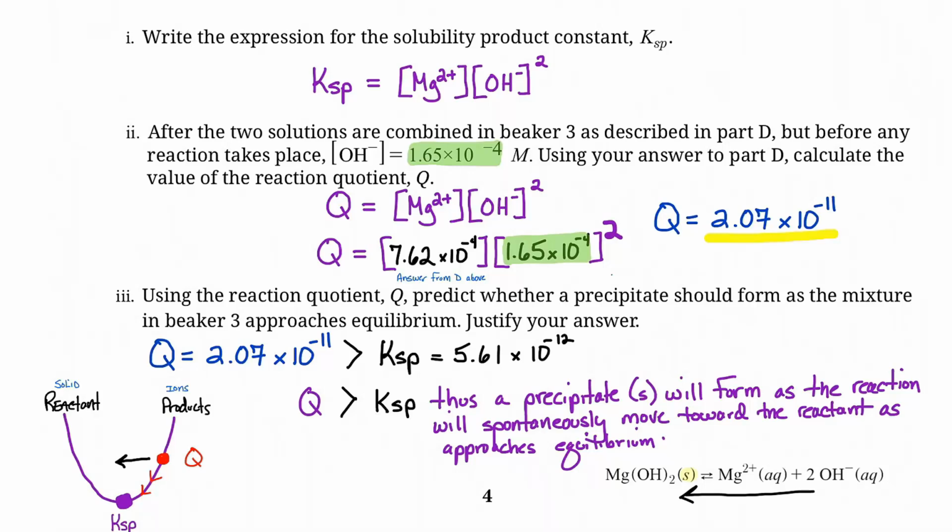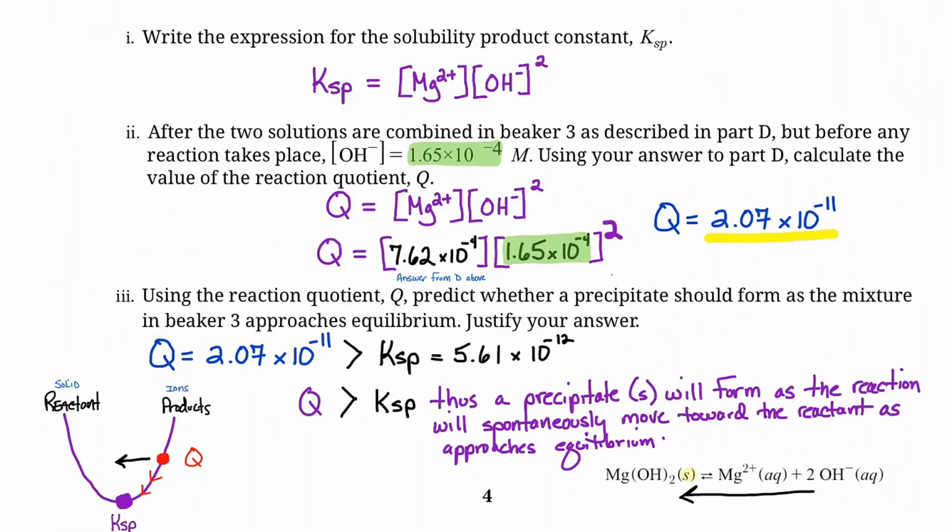The ions are going to come together and move in a way that favors less of the products and more of the reactants. In this question, you're only going to need to know that Q is greater than K, therefore a precipitate will form.